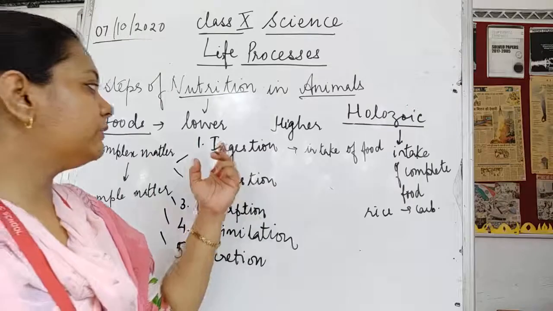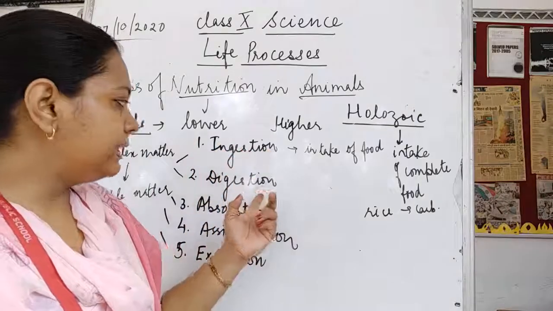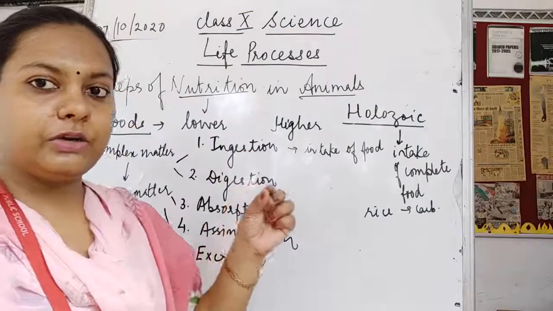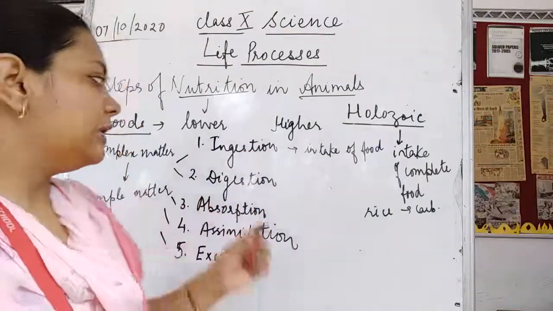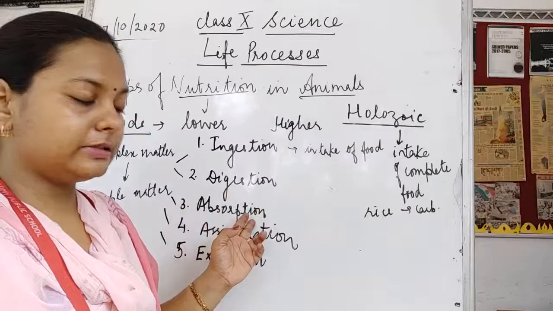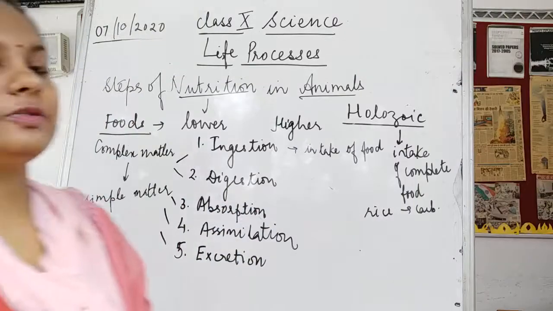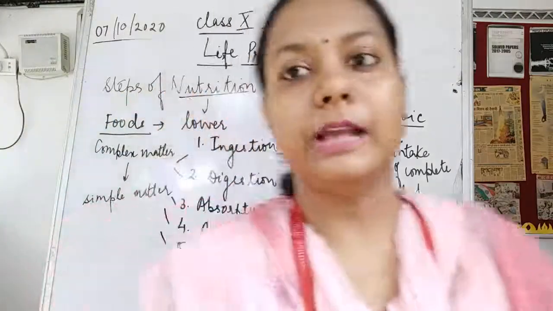Okay, so the food is going to be ingested, we are eating the food, then it will be digested, it will be broken down into smaller portions. Now these smaller portions are getting absorbed by the cells, and after absorbing, the energy has to be distributed. This is known as assimilation.